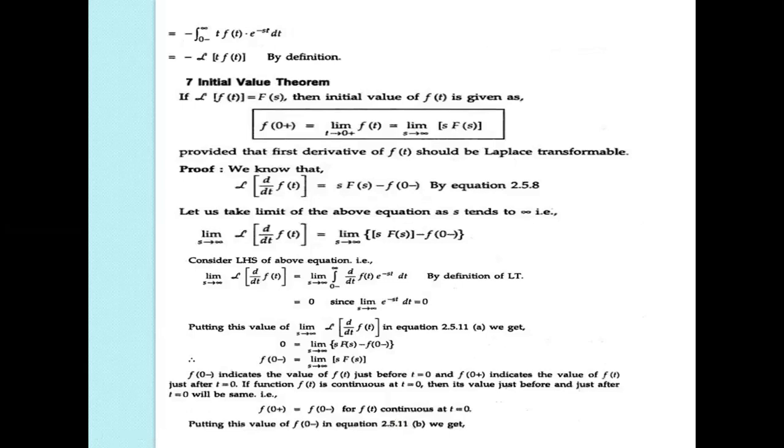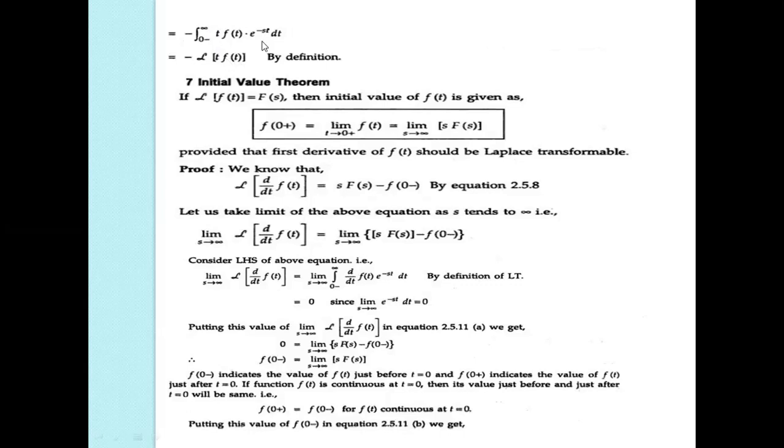I explained in terms of x; here they explain in terms of f of t and F(s). d by ds of F(s) is equal to the integral from 0 minus to infinity of f of t times d by ds of e power minus st dt. Then apply the derivative for e power minus st, into minus t. So it is minus the Laplace transformation of t into f of t. So we got the Laplace transformation of t into x of t.